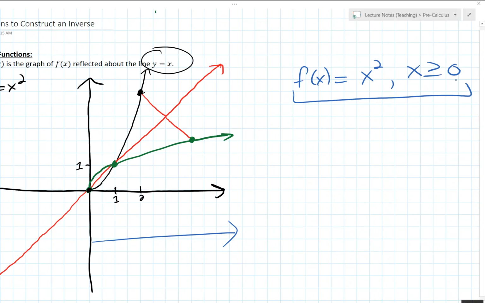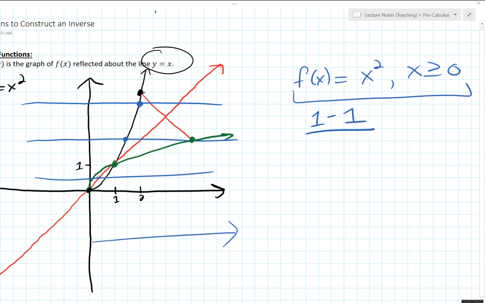Now this function is 1-to-1, because if we look at any horizontal line, it will touch that part of the parabola exactly once.